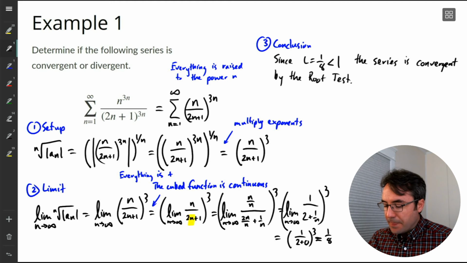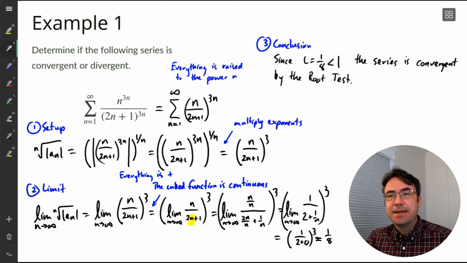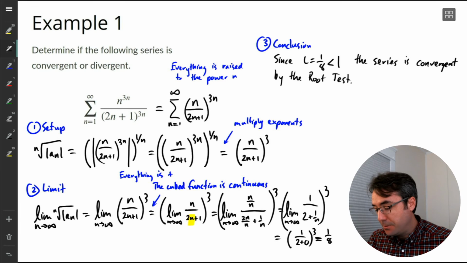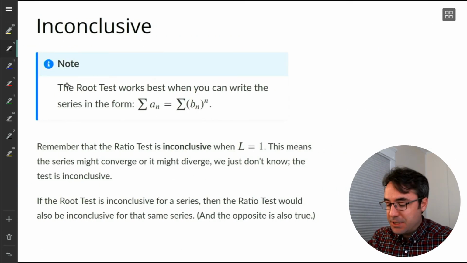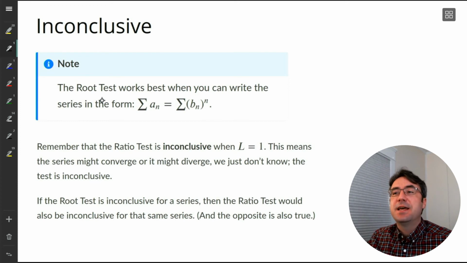So the root test is most helpful when we have everything being raised to a power n. And that's what we have here. Just a little note, really stress this: the root test works best when you can write the series you're interested in so that everything is being raised to a power n.